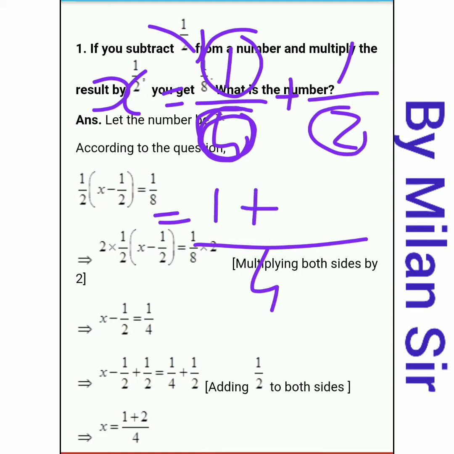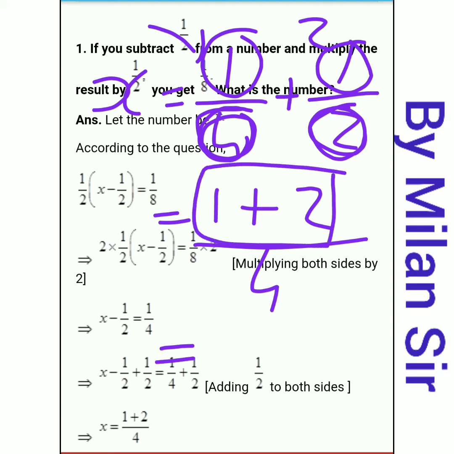Plus here 2. Now how can we convert this 2 into 4? 2 2s are 4, so we need to multiply our numerator with 2. So 2 ones are 2. Now in the numerator 2 plus 1 is 3, divided by 4 as it is.